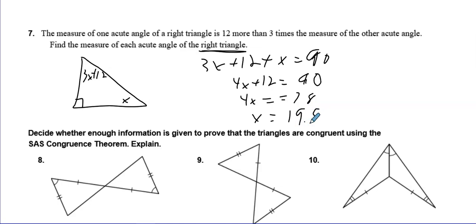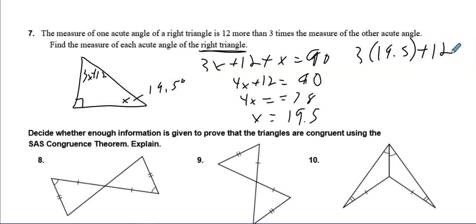All right. Now it says find the measure of each acute angle in the right triangle. So we know this one is 19.5 degrees. And the other one is 3 times 19.5 plus 12.